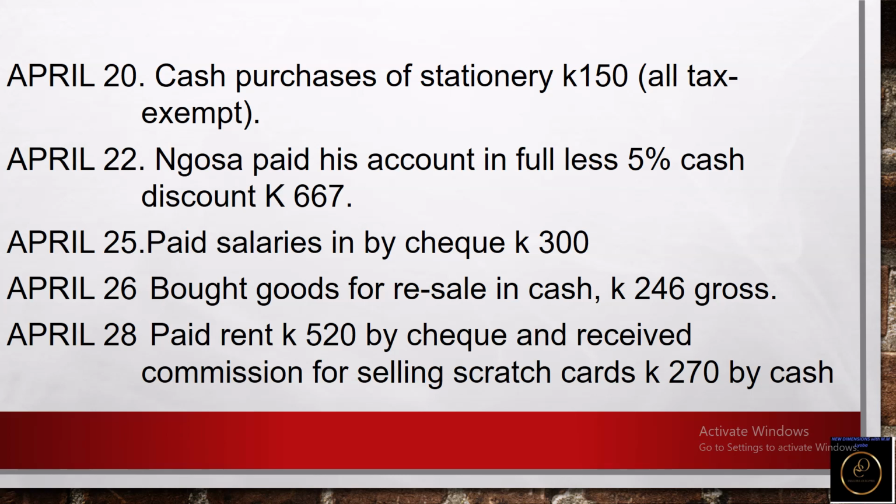April 26th, bought goods for resale in cash, 246 Zambian kwacha gross. Paid rent on the 28th of April, 520 kwacha. This was paid by check, and received commission for selling scrap cards amounting to 270 by cash.